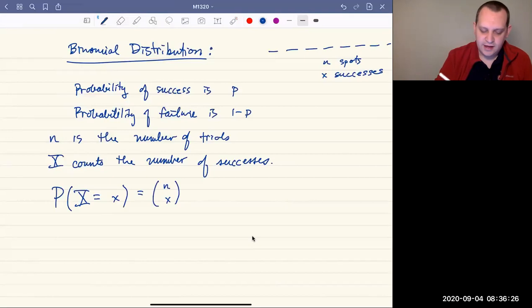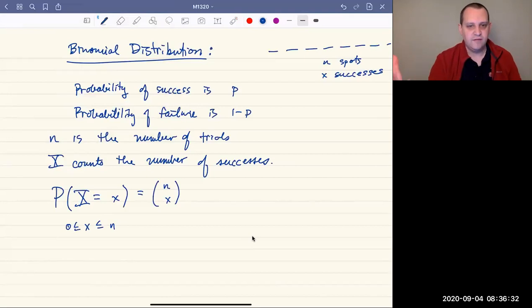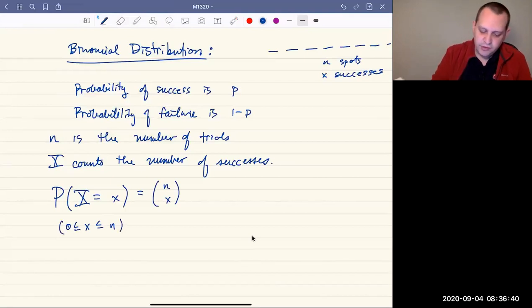Here, by the way, x has to be between 0 and n. There's no way that you can have n plus 1 successes if you only have n trials. Just as an aside, that's good because it means that n choose x is always defined. And that's the number of ways to get exactly x successes.